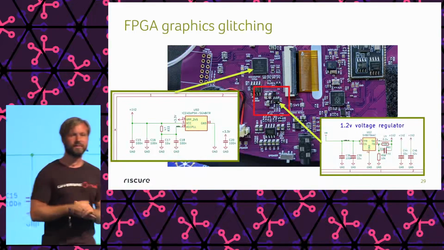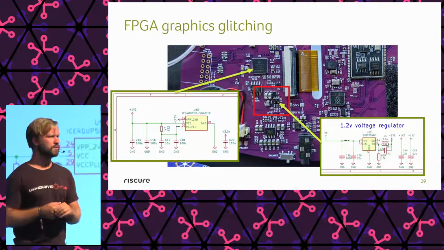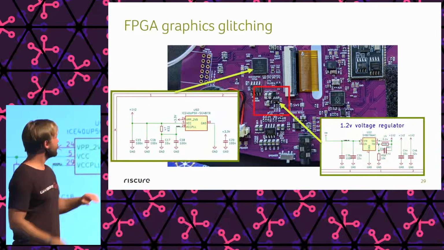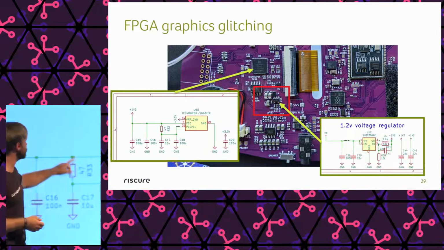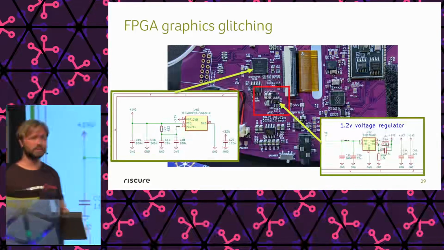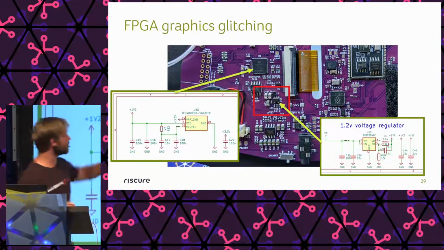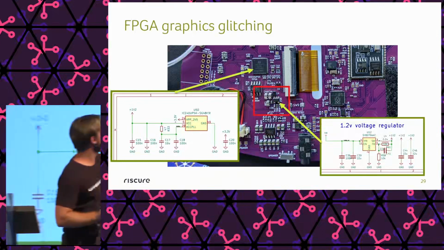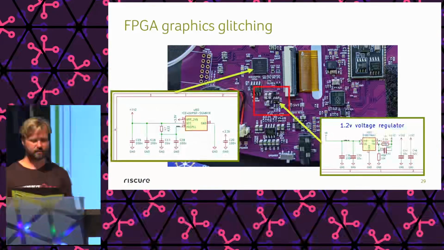Then Niels looked it up in the schematics. It was very nice from the organizers to open source everything on GitHub. So we could see that this is a voltage regulator, which produces 1.2 volts, which eventually goes into the FPGA board. So that's plausible. We hit the voltage regulator, and something happens with the FPGA, with the graphics.